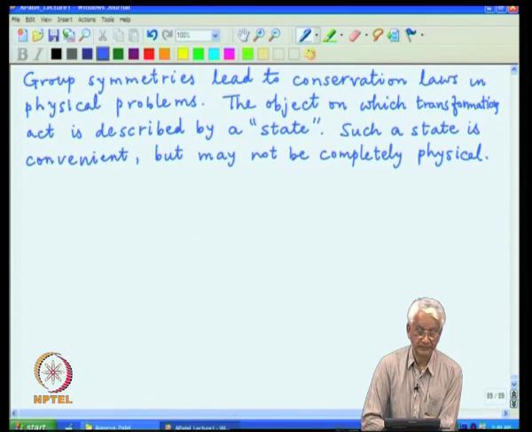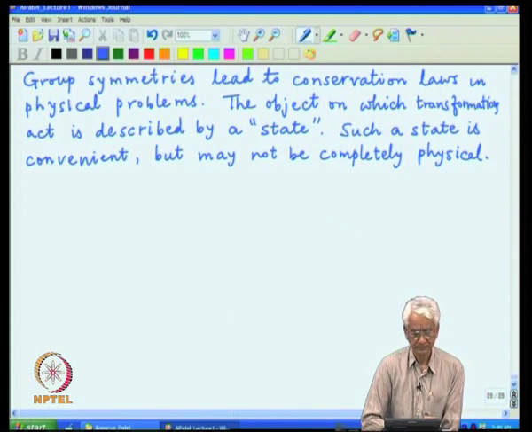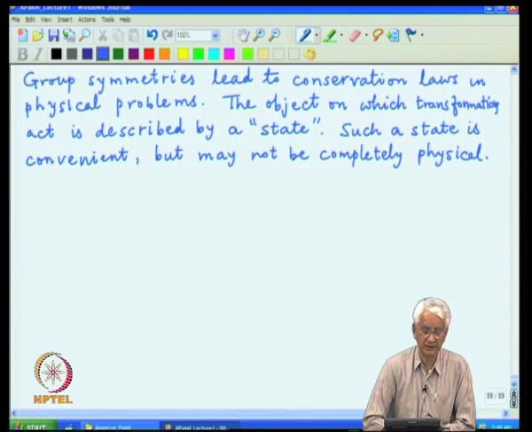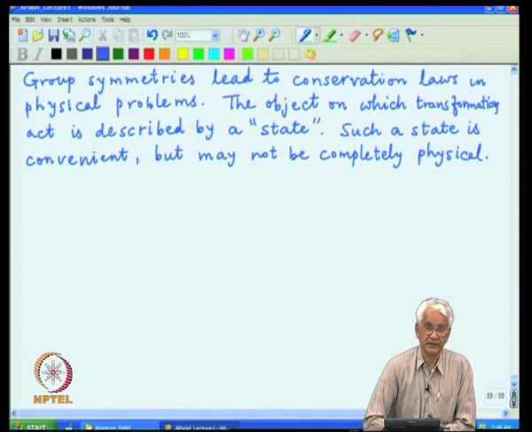Such a thing is often true in quantum mechanics, where a state would be described by a wave function, but not all aspects of the wave function may be physical, such as its global phase. One can only talk about transformations described by groups in full generality.